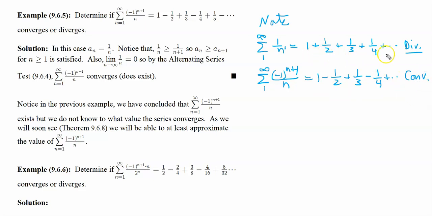So you see this series was not an alternating series and it diverged, but when we made it alternating, now it actually converges. So that's something important to take note of for this harmonic series right here. The harmonic series diverges, but if you make it alternating, it actually converges. Let's take a look at another example.